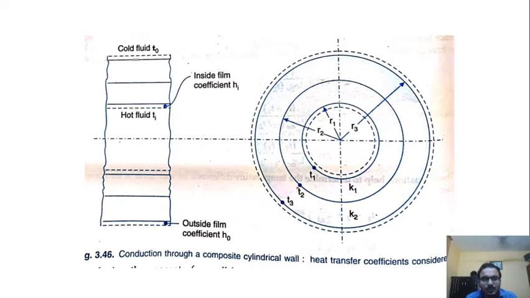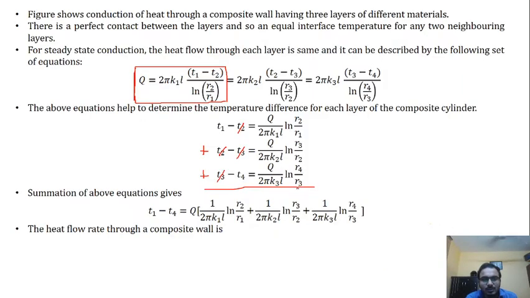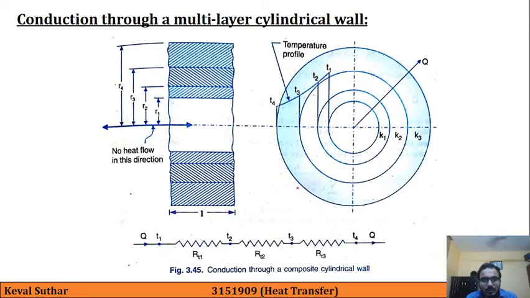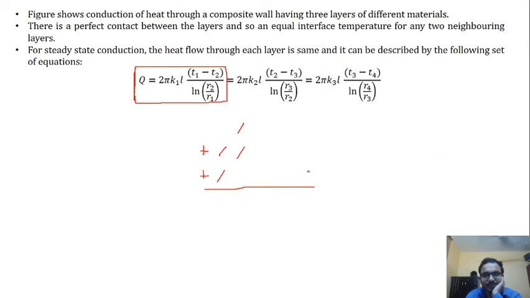Now here, if you see, in this part we were not considering the stagnant layer or the hot fluid layer and cold fluid layer outside. Now we will be considering that here.